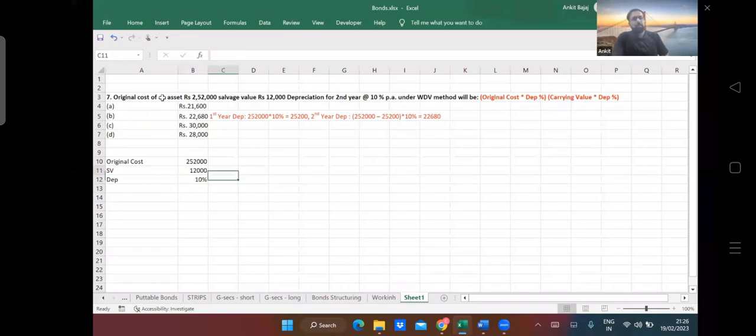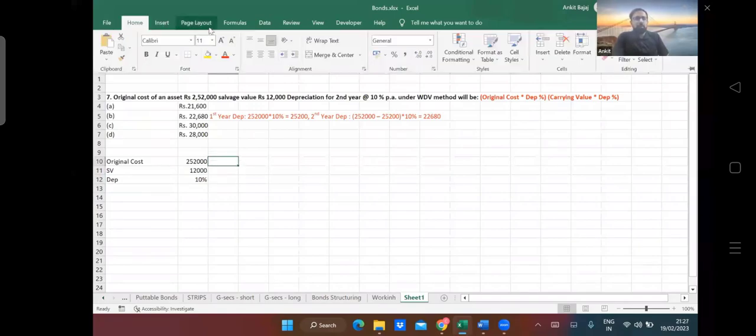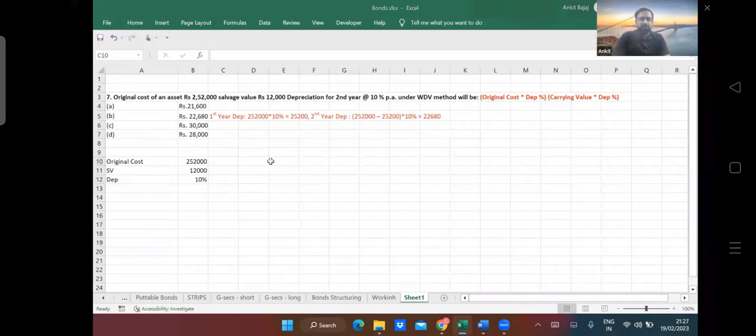Now, in case of WDV method, there will be no use of salvage value. Why will there be no use of salvage value? Because if you read the formula, you will get more clarity. What is the formula?